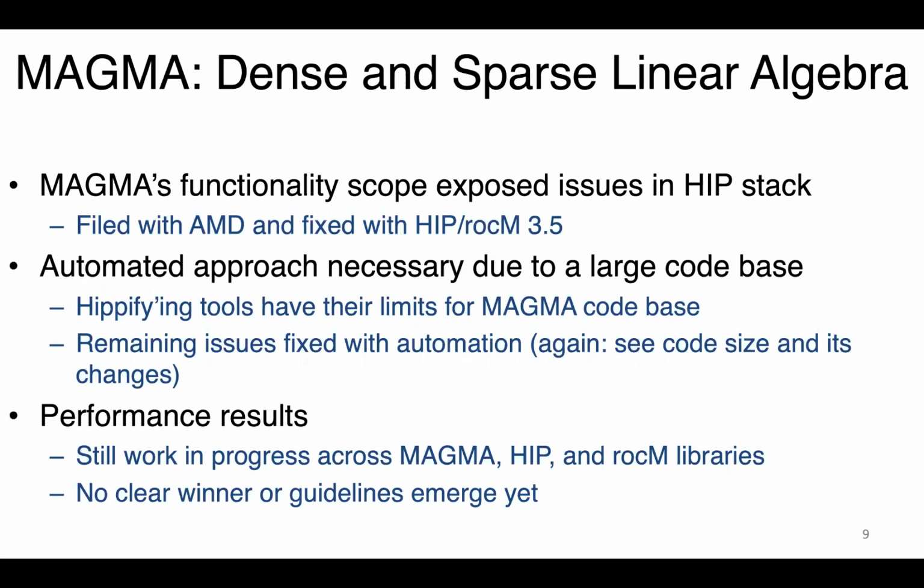So these have to be fixed, and they were part of the development effort that had to be undertaken, just like I talked about during the port of Ginkgo from CUDA to HIP. And right now, we can say that a majority of the functionality of MAGMA is available and functional. Most of it has very good performance and is available for download.